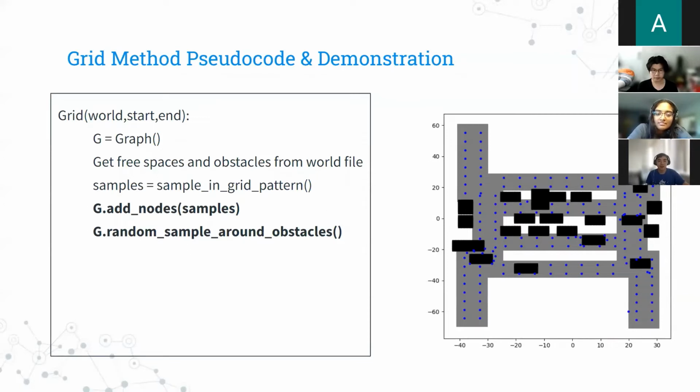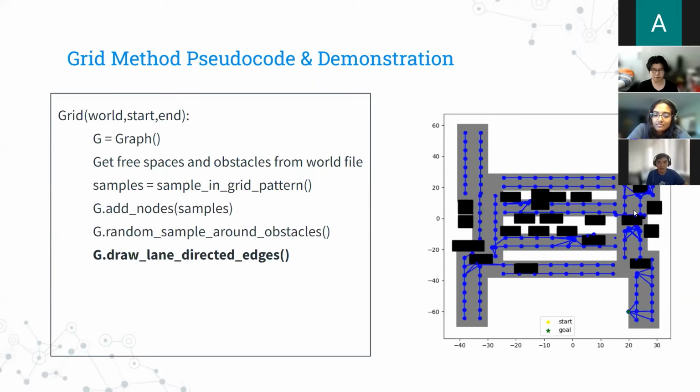The first thing we did for this was we sampled the map in a grid pattern right here. Then for any samples within an obstacle, we sampled around that obstacle. Then we drew directed edges between some of these paths, so we have a distinction between left and right lanes.